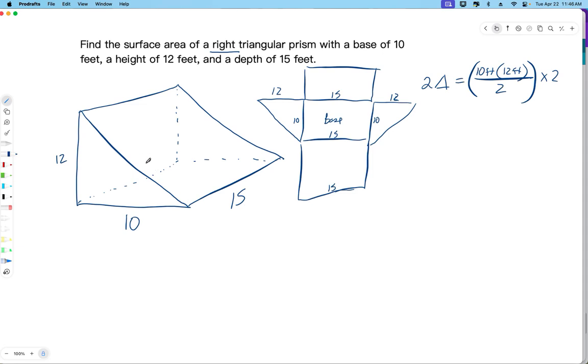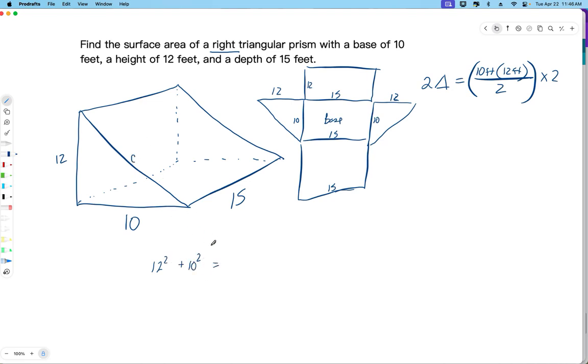We just have to find the slope here for one of the sides. So the base is 10 by 15, and because this is 12, we know this is 12. So this one's 12 by 15. So we just have to find the hypotenuse to find this side here. So the hypotenuse is going to be a squared plus b squared is going to be equal.